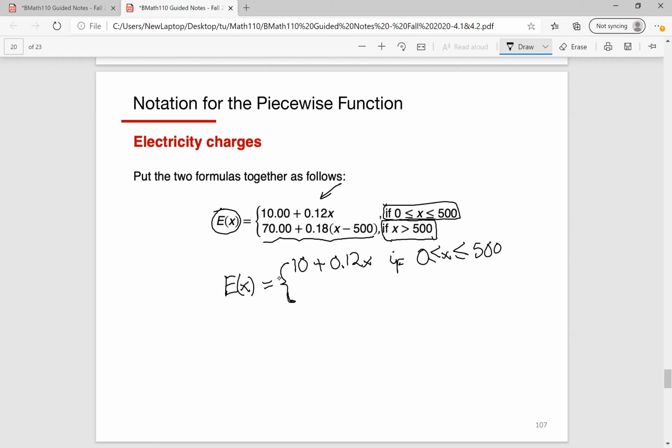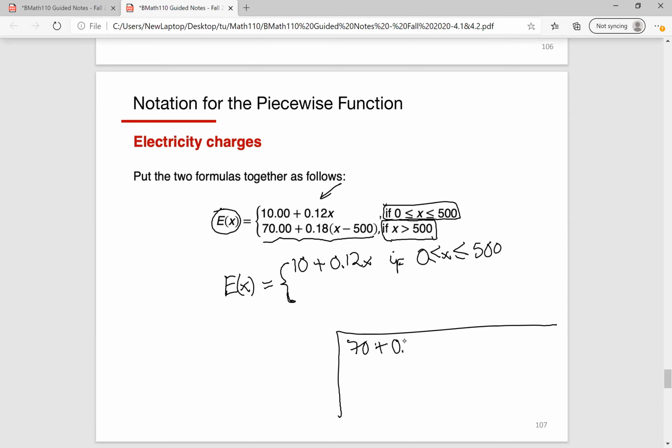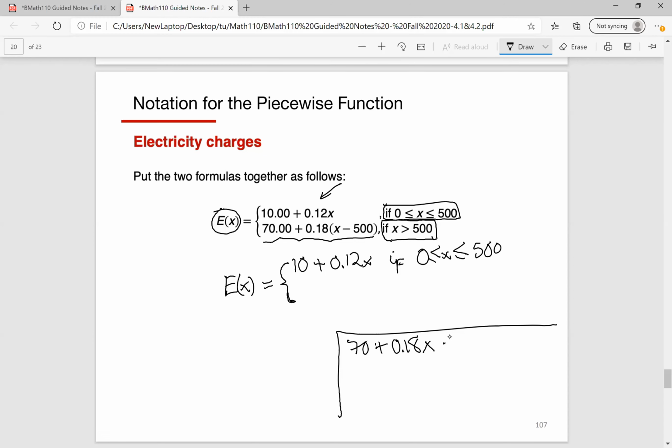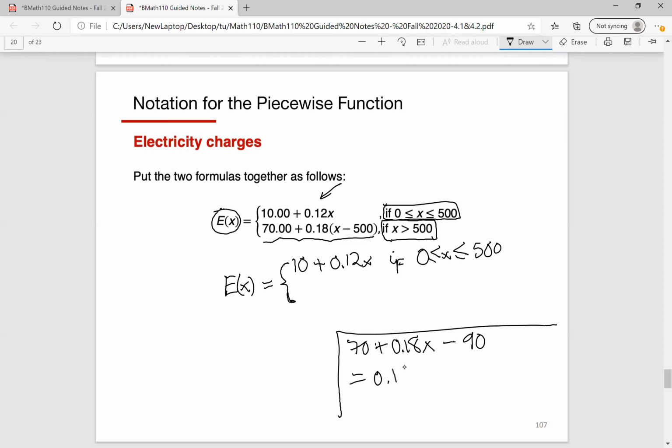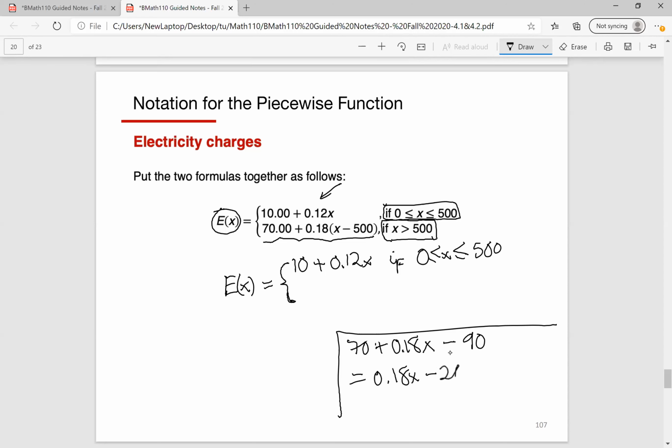And the second case, if you try to simplify, let's do it on the side: 70 plus 0.18x minus 0.18 times 500, that's going to be 90. So then that will be equal to 0.18x minus 20.